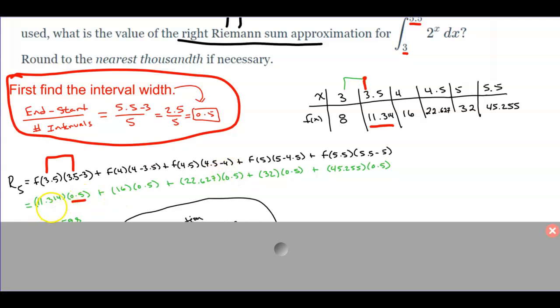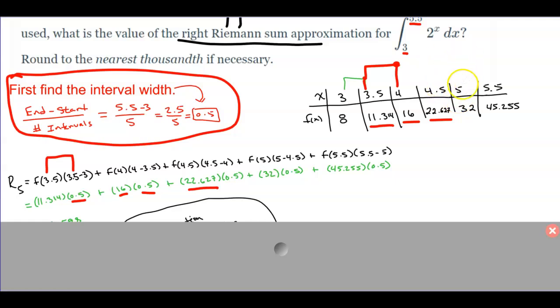So I'm going to take the output times 0.5 for the first rectangle, and then for my next rectangle, here's my second rectangle. I'm going to use the output of 16 and multiply it by the width of 0.5, so 16 times 0.5. And then the next rectangle will come over here, and I'll use its height times my width, so 22.627 times 0.5.